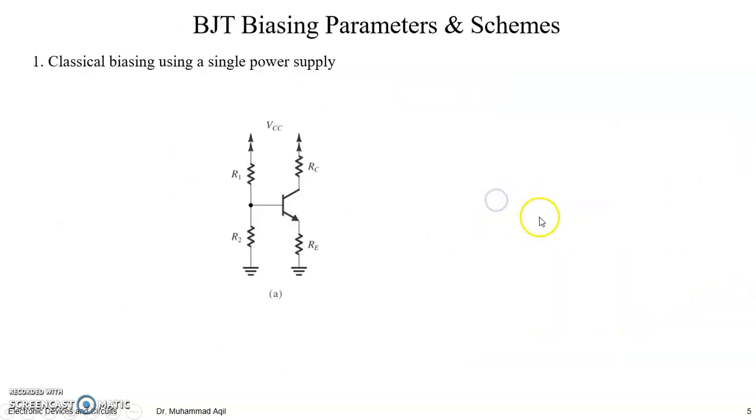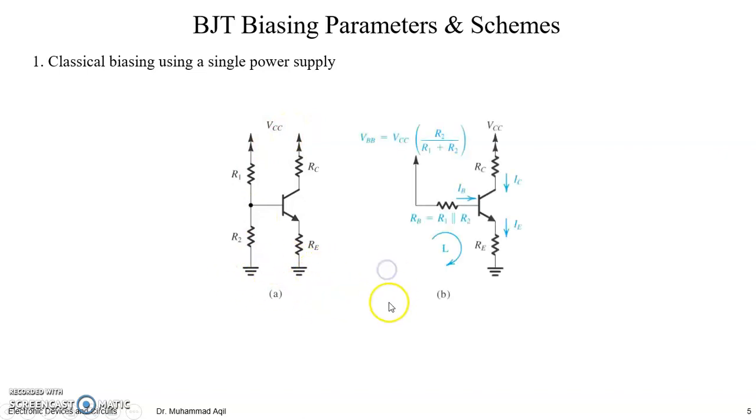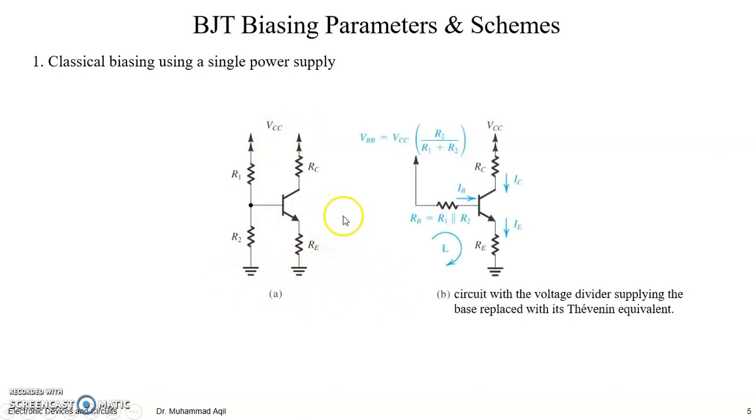So let's start with the classical biasing using a single power supply. We have studied already the voltage divider biasing scheme with only a single supply, and we already saw that the Thevenized version at the base side of this circuit is this one.